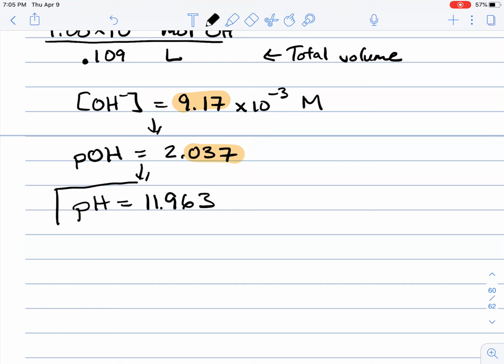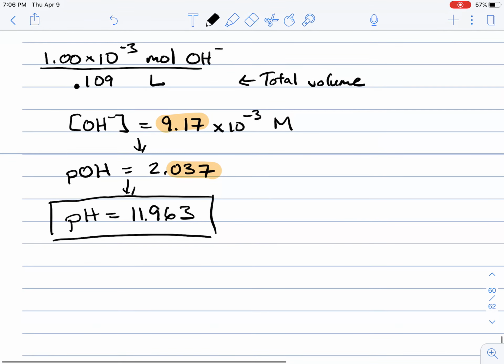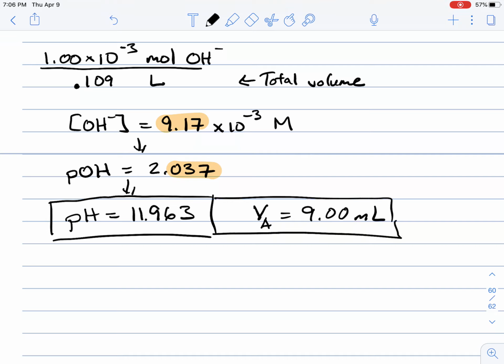So hopefully by now, after watching several or many of these lecture videos, you guys know how to calculate the pH from concentration of hydroxide. And so this is going to be the pH when the volume of the acid, remember this is the titrant, is 9.00 milliliters. Okay. And we're done.